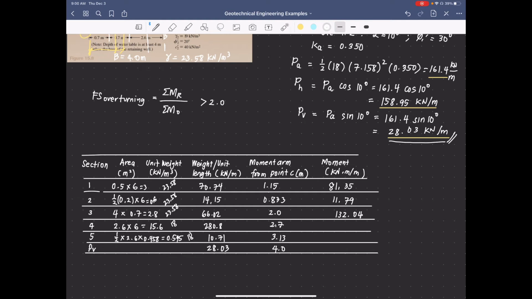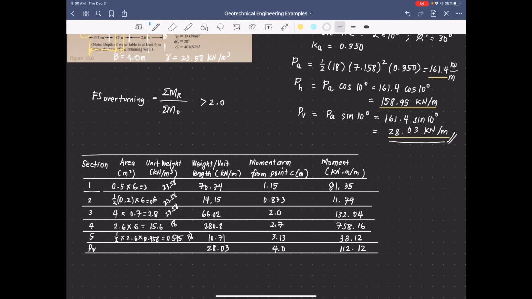Then we have 280.8 times 2.7. This will give us 758.16. And this will also give us 33.12. And 28.03 times 4 will give us 112.12.